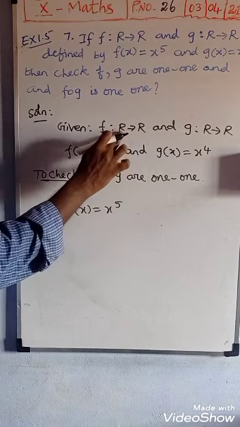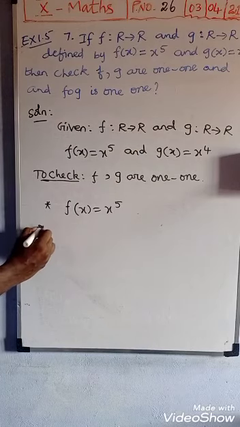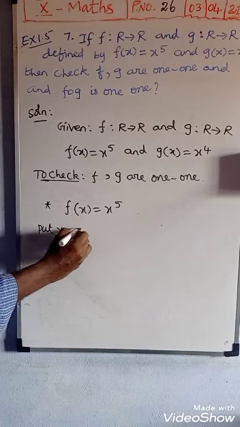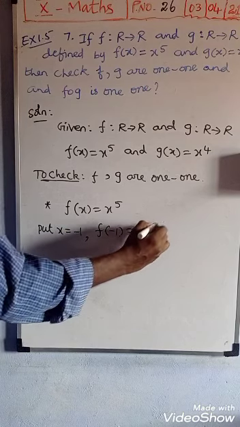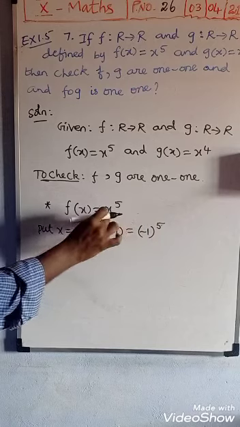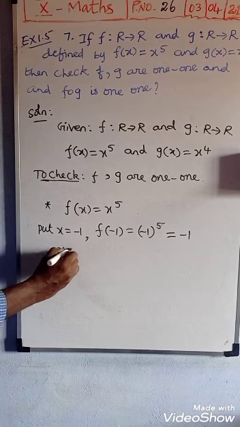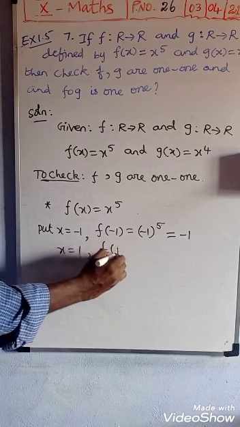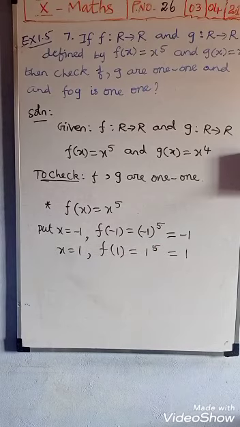Here the domain and codomain are real numbers, so whatever value we can substitute. Suppose I am taking x = -1, first f(-1). So (-1)^5, instead of x we substitute -1, which gives -1. Suppose instead of x you substitute +1, f(1): 1^5 is equal to 1, positive 1 we are receiving.